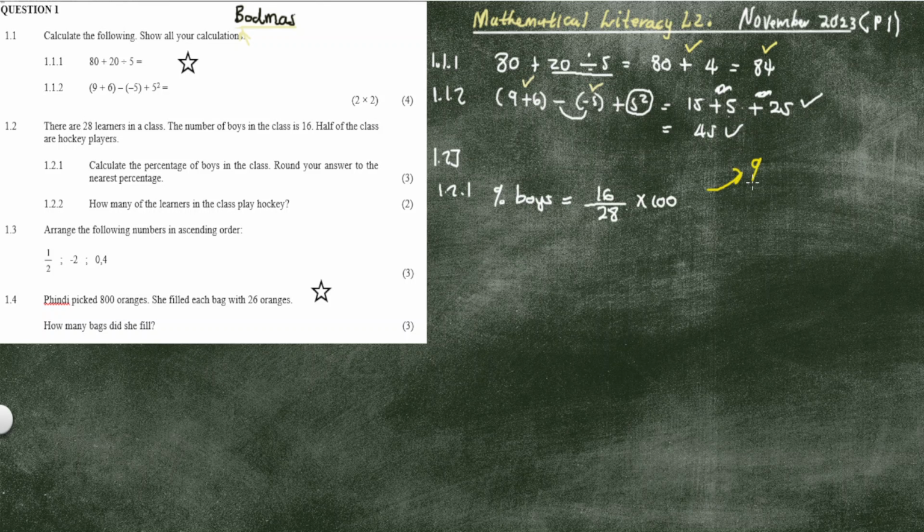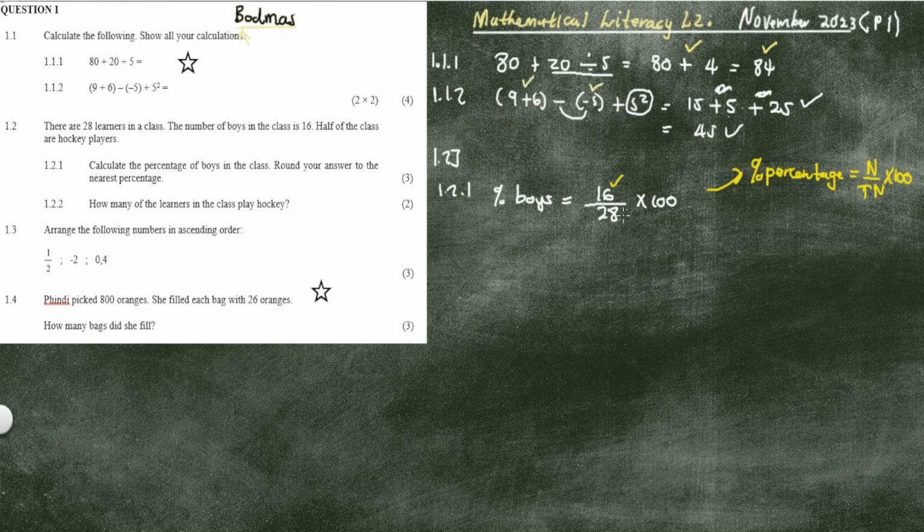A percentage is calculated as the number divided by the total number. So it's the sample divided by the total sample, multiplied by 100. So how many boys do I have? 16 in total. So I have 16 boys compared to how many?